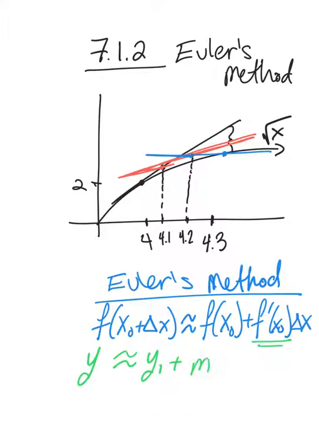And delta x is the change in x. That's just your x minus x1. But it's just saying that you're going to go by the same amount each time. So in our example here, our delta x was 0.1 because I went up by 0.1 every single time. Now, the best way to do this is through examples. So we're going to do a couple examples of this so that you guys get the chance to figure out how to do this. And do not worry, it's not too bad.